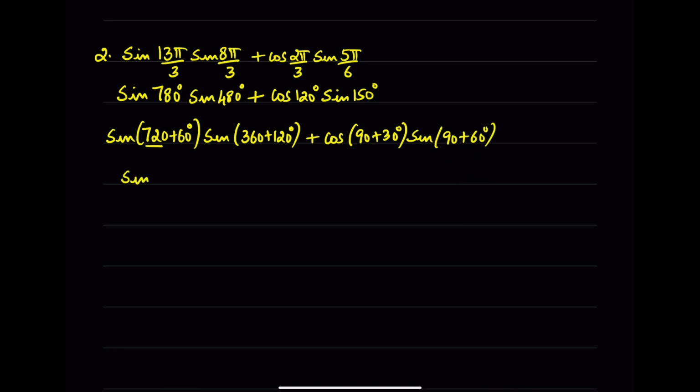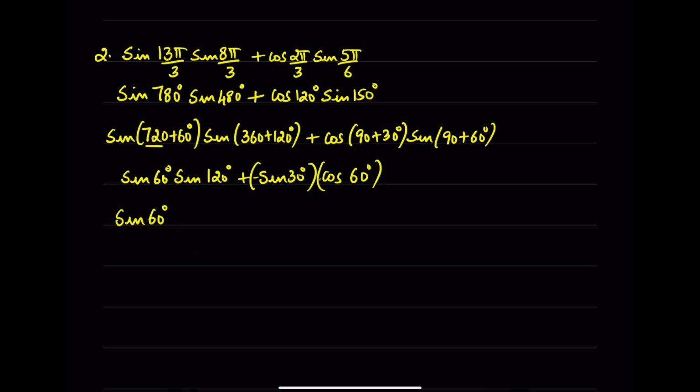So this will change to sine 60, sorry about that, this is sine 60 multiplied by sine 120 plus minus sine 30, because cos is negative in the second quadrant, and sine 60. This will change to cos 60 because it's pi by 2 plus x. Okay, now we can simplify this further.